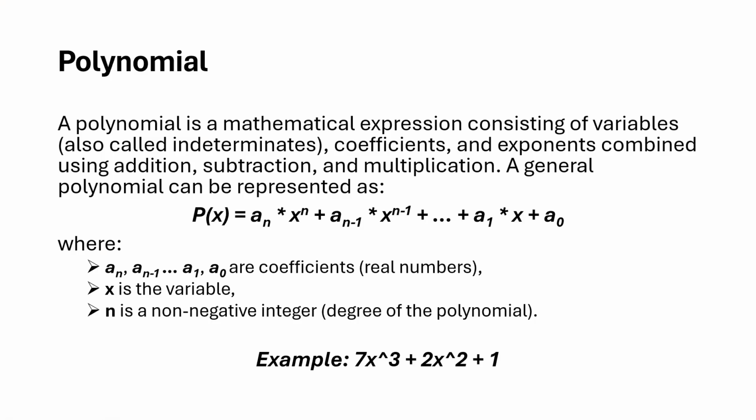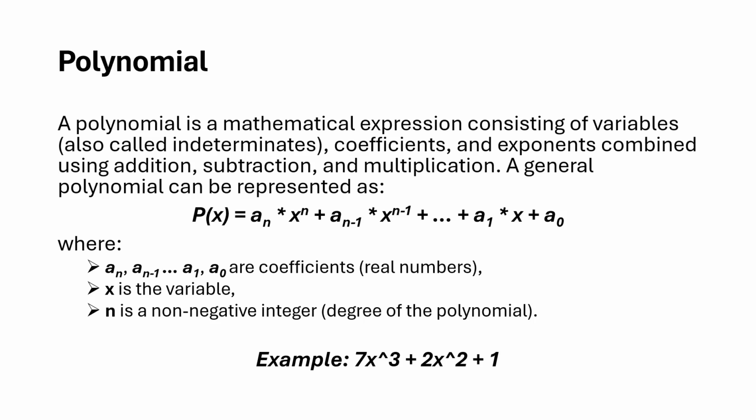So basically, a polynomial is formed with three building blocks: the coefficient, exponent, and a variable. And we combine these building blocks using multiple arithmetic operations like addition, subtraction, multiplication.